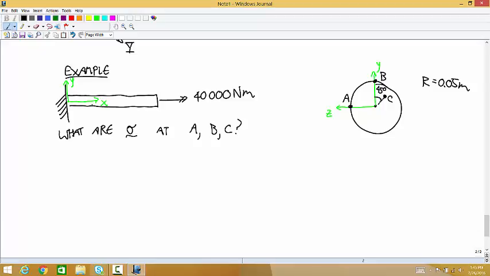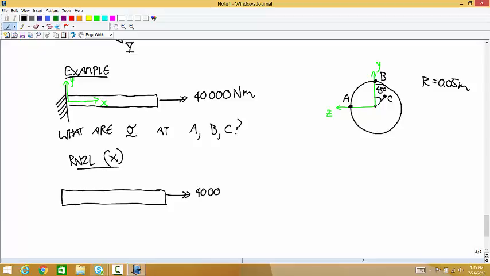Well, first we have to calculate the internal torque. It's constant along this whole thing. The rotational equation along the x-axis looks like this. We have the beam. We have the 40,000 Newton meter torque here.